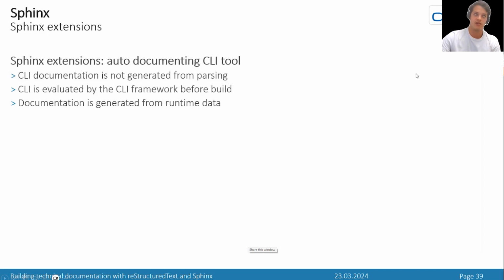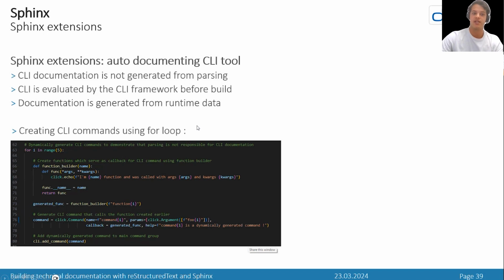One interesting thing is that the CLI documentation is not generated from parsing. It's dynamically evaluated from the CLI framework before building the documentation. So we are actually using the runtime data. And to demonstrate this, I made a for loop that dynamically creates new CLI commands.